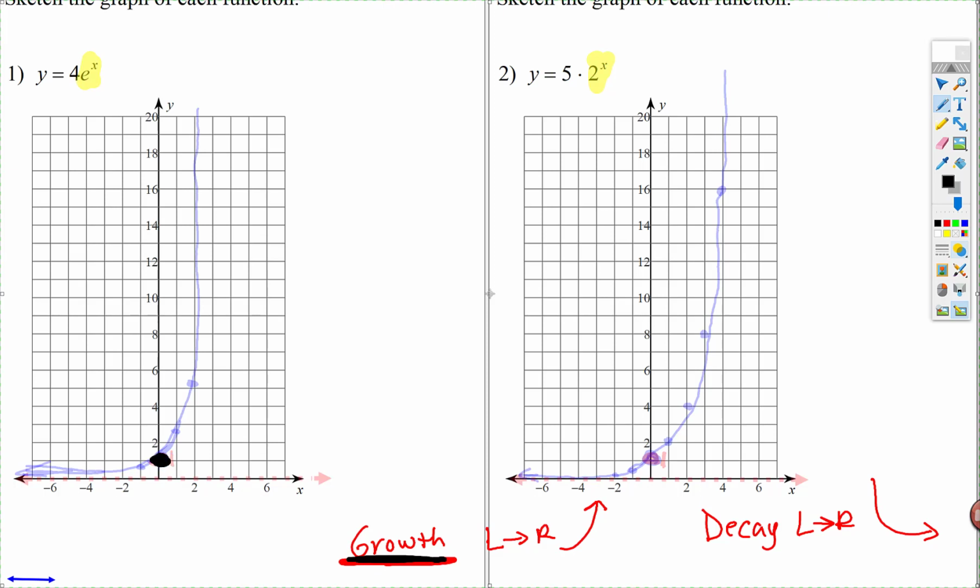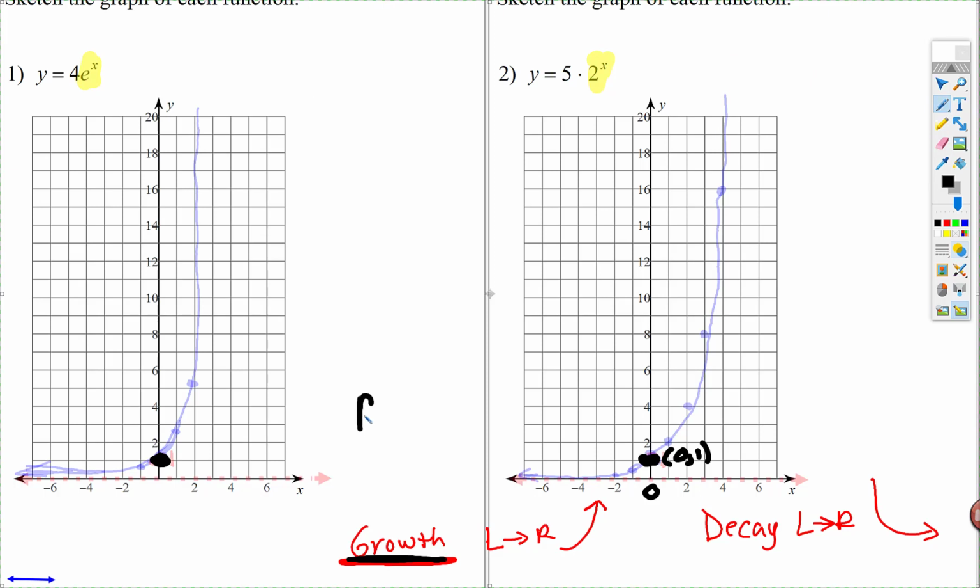All of them start right there at the point (0, 1), because e to the 0 is 1. 2 to the 0 is 1. So when you plug 0 into the x, any non-zero number to the 0 power is equal to 1.